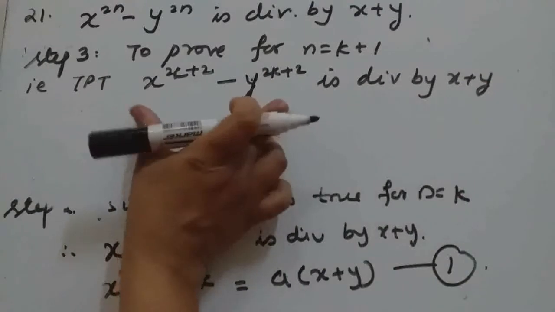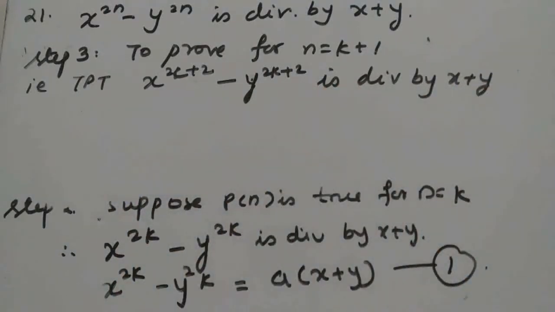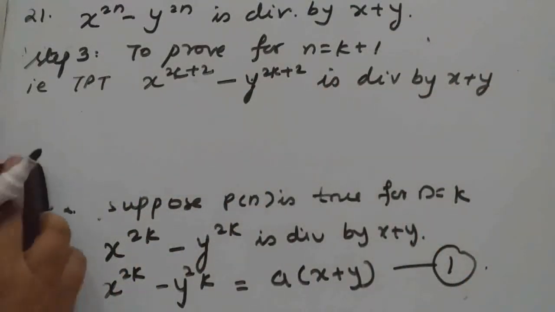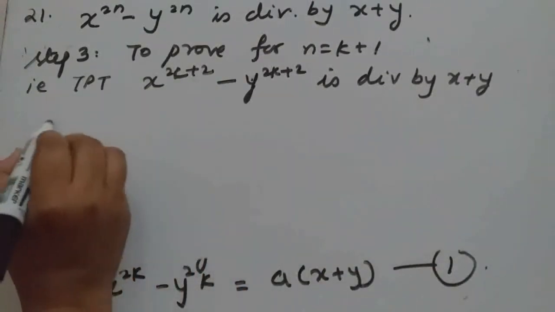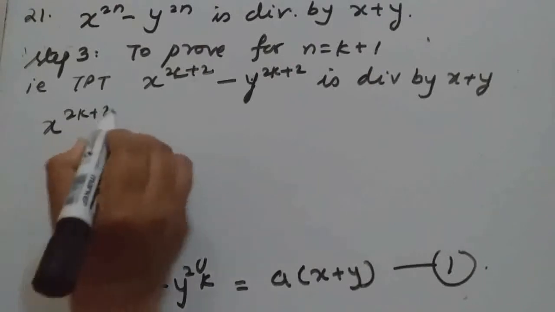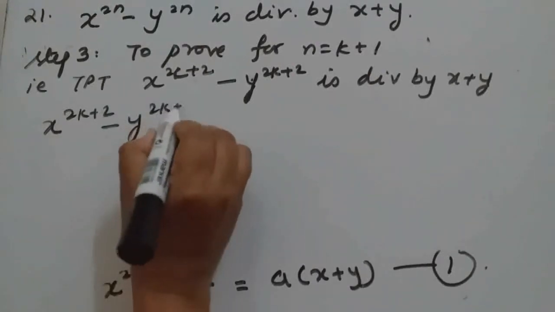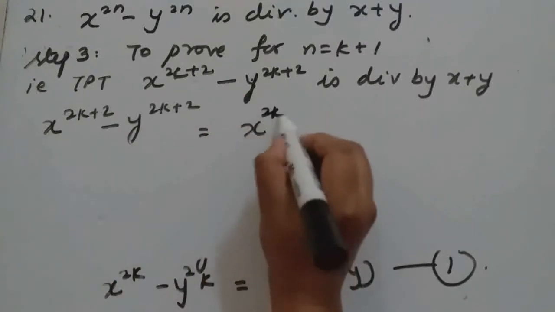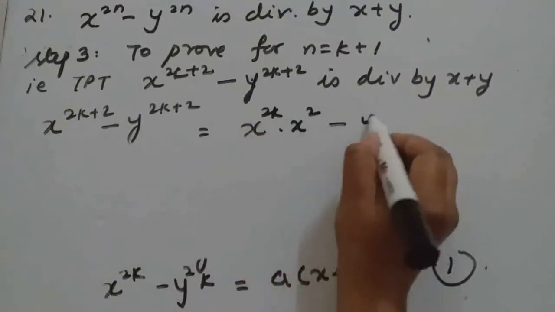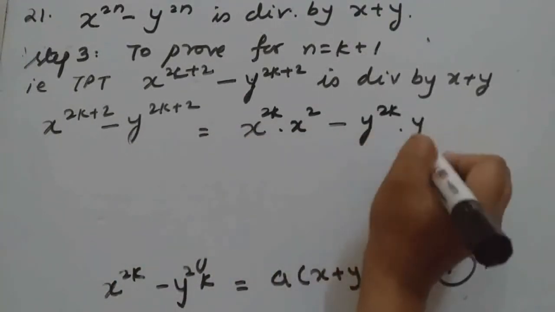That means this expression is equal to x plus y into some constant, which we should prove here. So we will consider this expression. Now x power 2k plus 2 we can write as x power 2k into x square, and this also y power 2k into y square.